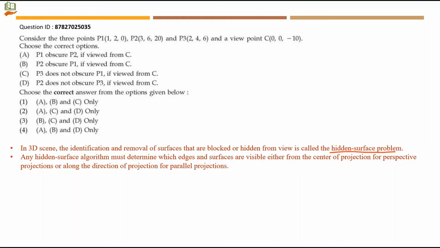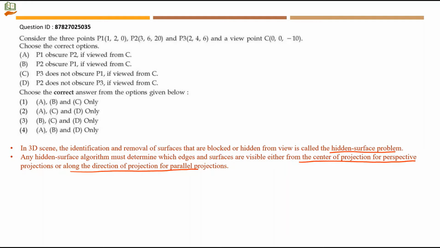Any hidden surface algorithm must determine which edges and surfaces are visible either from the center of projection for perspective projections or along the direction of projection for parallel projection. Center of projection is for perspective projection. Along the direction of projection is for parallel projection.